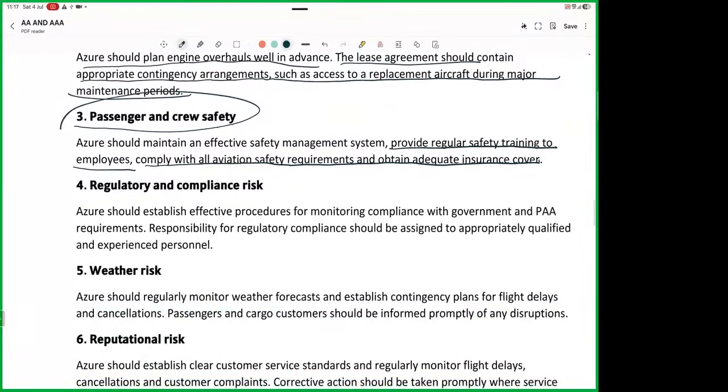Regulatory and compliance risk. AZUA should establish effective procedures for monitoring compliance with government and PAA requirements. Responsibility for regulatory compliance should be assigned to appropriately qualified and experienced personnel. So if it is compliance in terms of financial reporting, ensure that the person working on those documents is a member of ACCA or ICPAK, fully qualified.